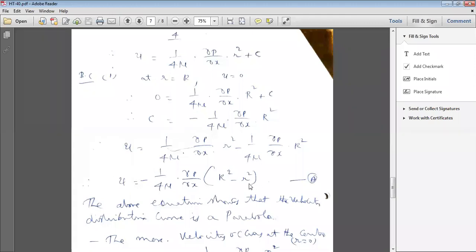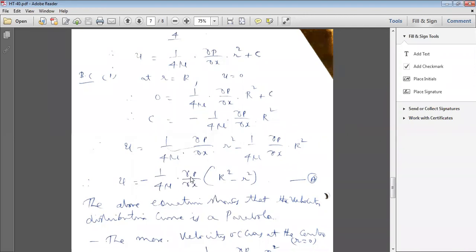Velocity distribution equation: U is equal to minus 1 by 4 mu into dou P by dou X into capital R square minus small r square, where U is the velocity at any value of y. Mu is the dynamic viscosity. Dou P by dou X is the pressure gradient, the variation of pressure along the positive x direction.